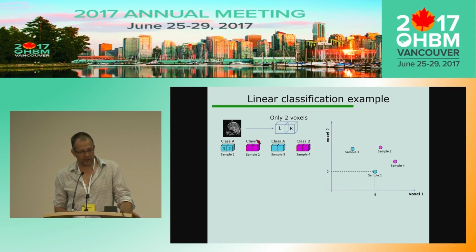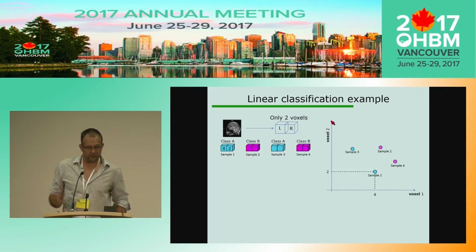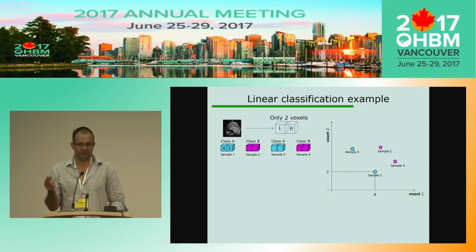You have class A, class B, class A, class B, and that's sample 1, 2, 3, 4. So because I have just 2 dimensions, my data points are two-dimensional, I can plot them. If I have 10,000 voxels, it's a 10,000 dimension space, and it's a bit more difficult to represent in a PowerPoint.